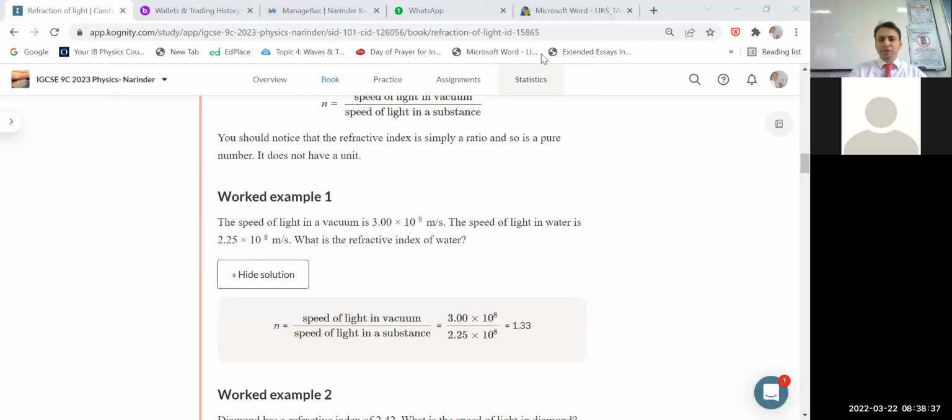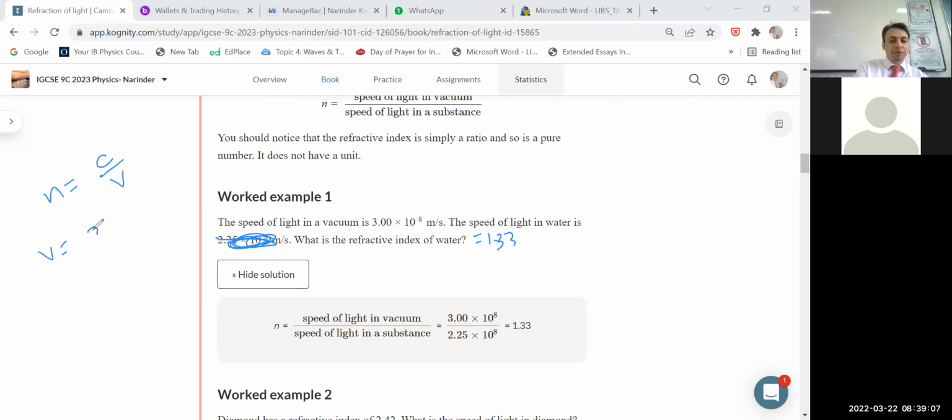Now let us do this question in a different way. Suppose I say that the refractive index of water is given as 1.33, and the speed of light in water is not given, and you need to calculate it. So how will you do it? Again, the same equation, n equals c upon v. What is this v? v is the speed of light in that particular medium. I need to calculate v.